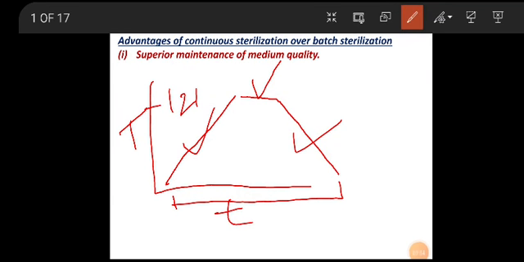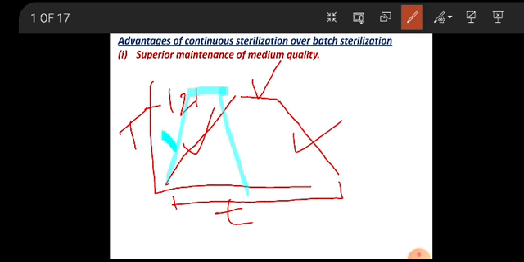During continuous sterilization, the time required for reaching 121 degrees Celsius, say for example, is very short. Then the desirable holding period and then cooling down period. What difference do you see here?